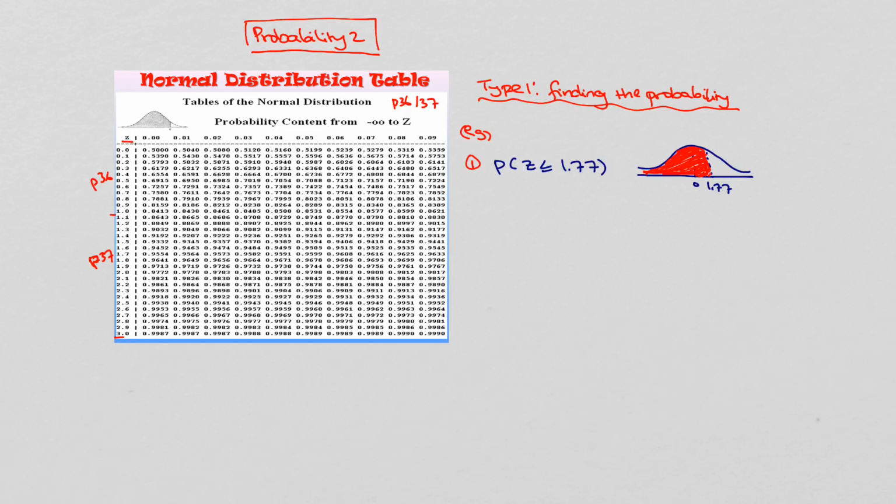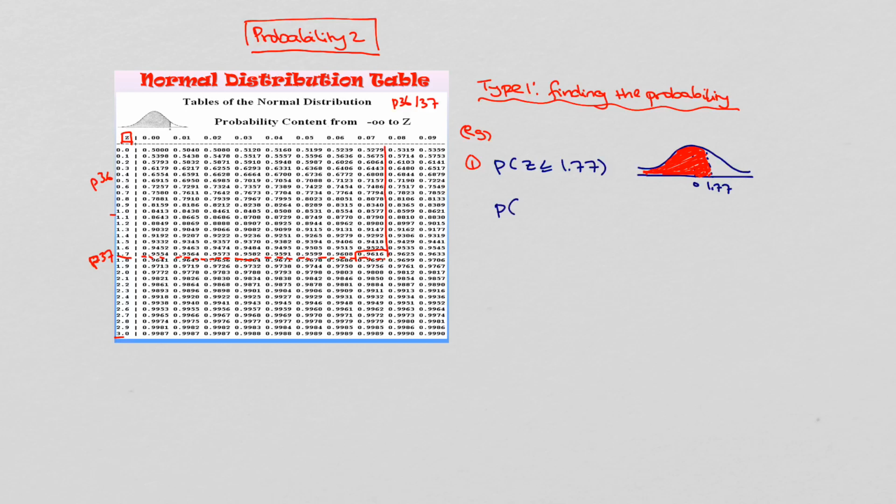Here's our z-score in the top left corner. So we're going down to 1.7 and then we need to go across until we get to 0.7. So in other words, I'm coming all the way down. And again, my advice is always use a ruler. So I would be lining up a ruler where my dotted red lines are. And we can see then that we end up with a value of 0.9616.